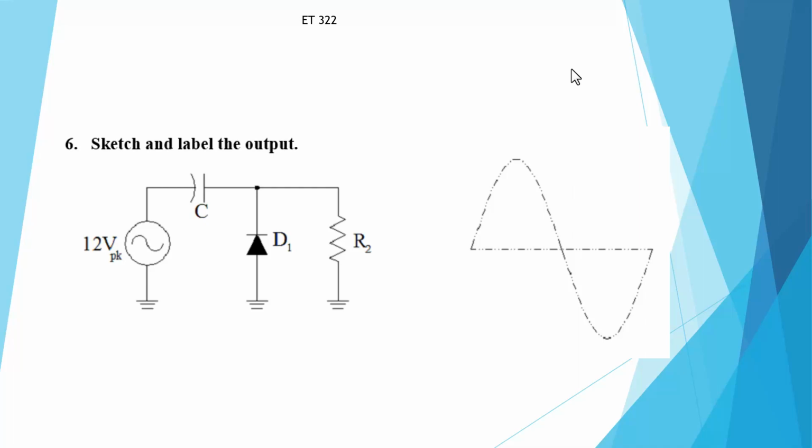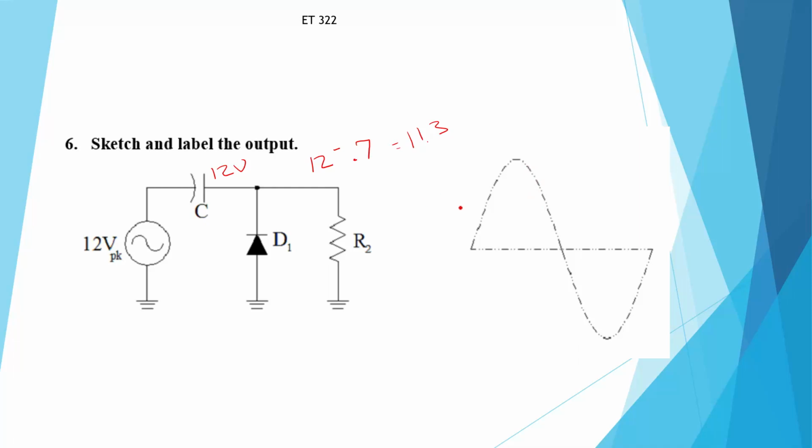Okay, so what we have here is a clamper circuit. And once this is positive, our capacitor is going to charge to 12 volts. And it's going to get locked in at 12 minus 0.7, which equals 11.3.